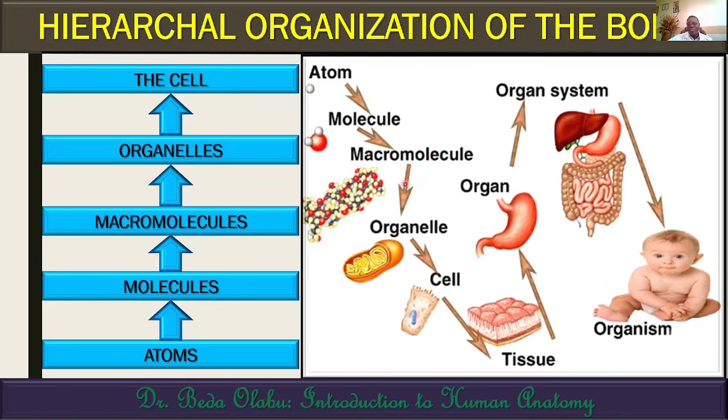An organelle is made up of macromolecules. Each macromolecule has several molecules within it, and each molecule has atoms. We've seen that the body is organized in a particular hierarchy from simple to a complex structure.